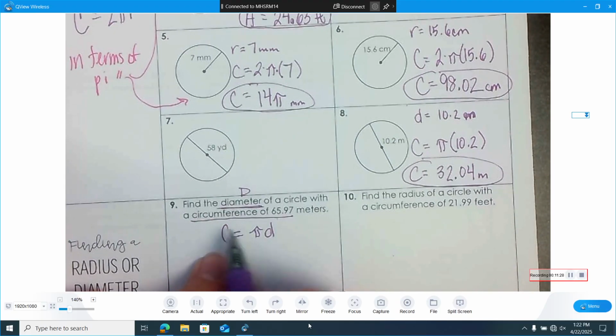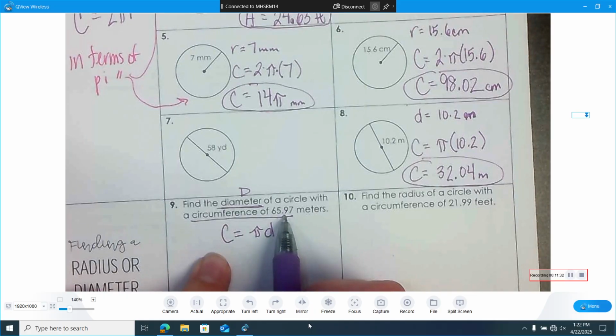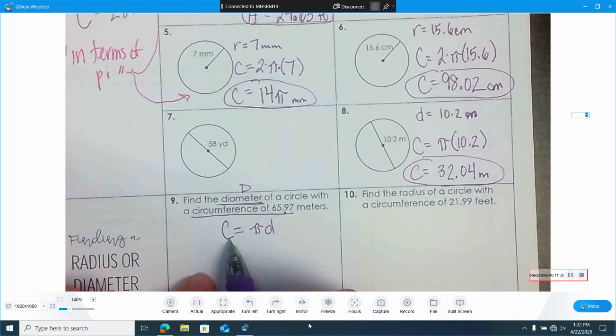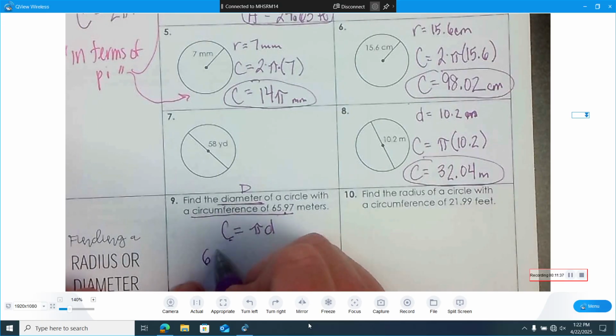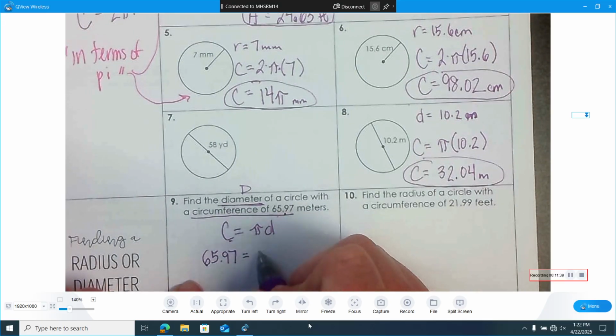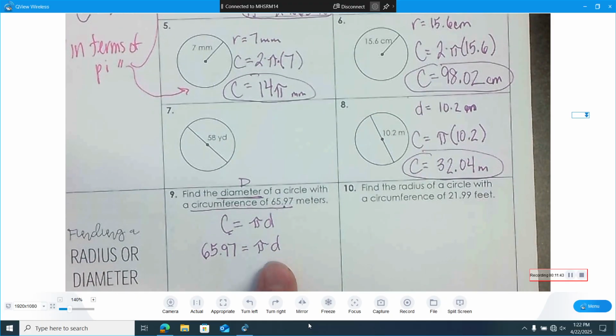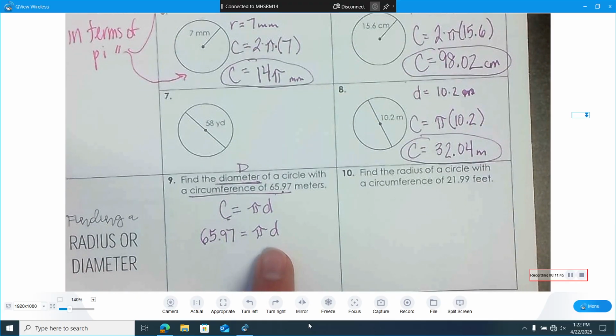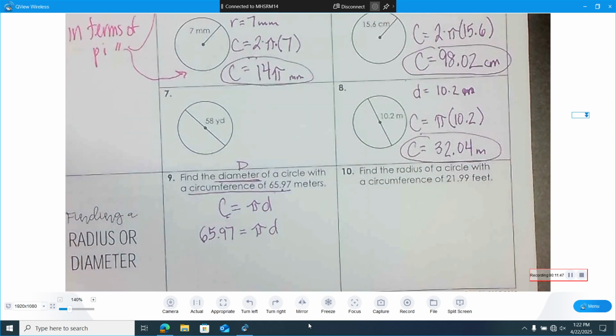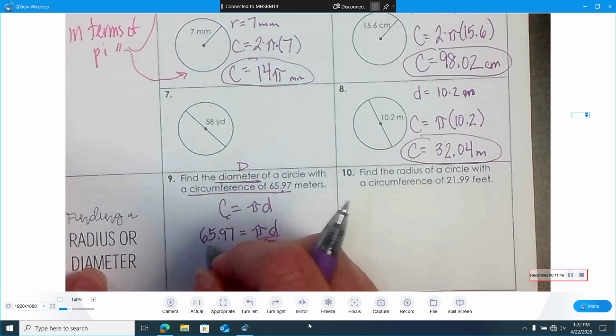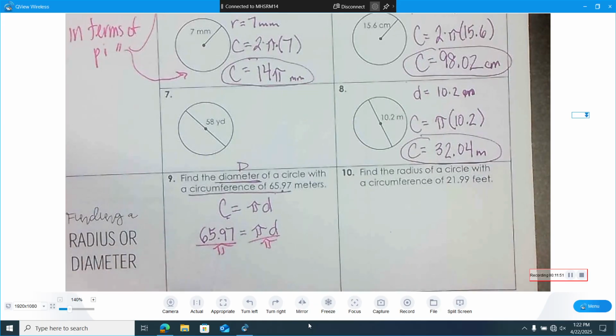Now, they tell me circumference is 65.97. So where can I put that 65.97? Yeah, we can replace C with 65.97 equals pi times diameter. Now I'm trying to figure out diameter. So how are we going to solve for diameter? Divide by pi. Absolutely. So we can go ahead and divide both sides by pi.